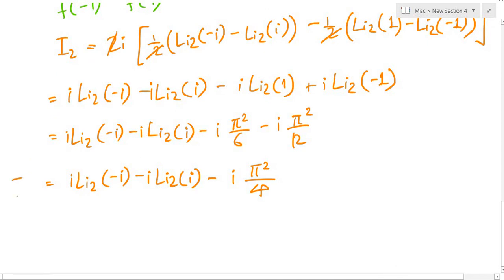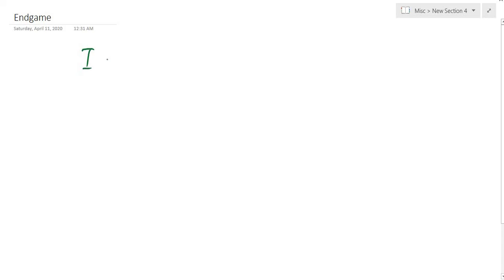Well, fine, we're going to be ending our process of I2 here, and it's time to recombine I1 and I2 together to constitute I again. So I, as previously suggested, was I1 plus I2. And what was I1? I times pi squared over 4, right? And what was our I2?